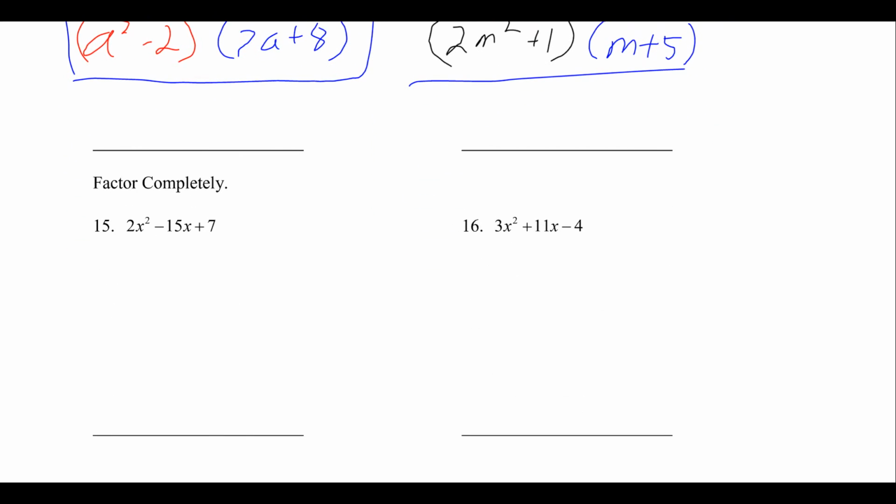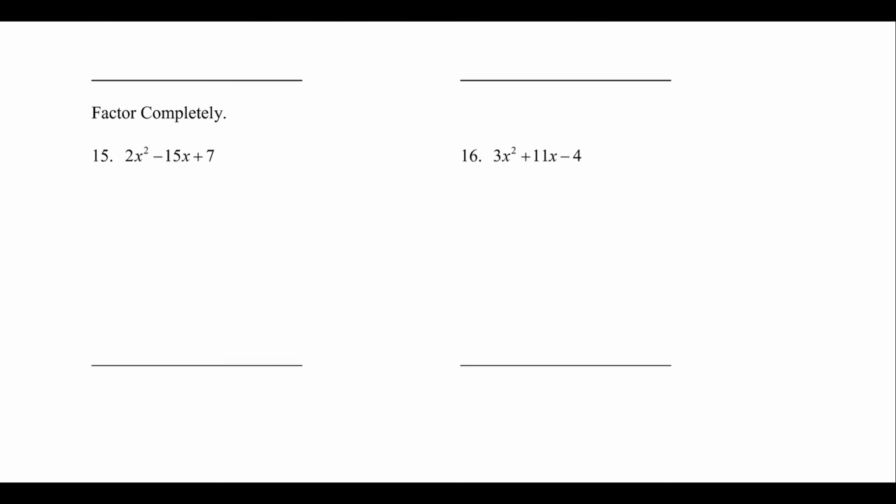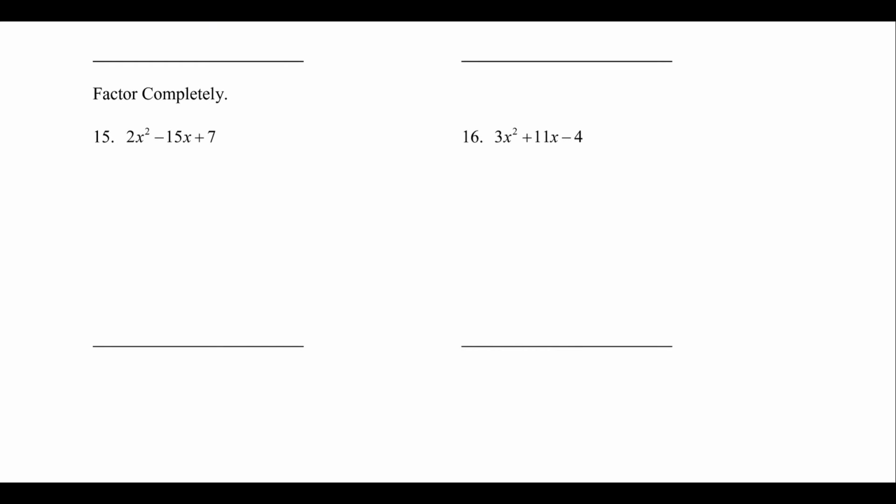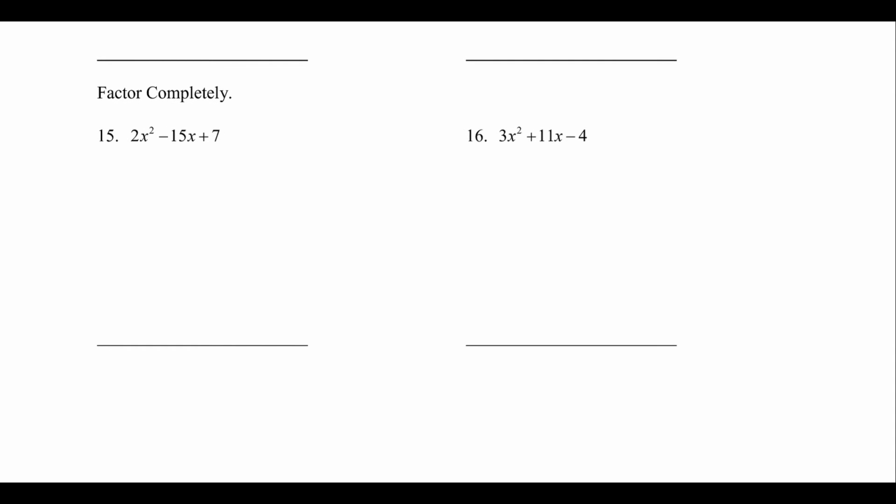Alright. Last questions. It says to factor completely. Numbers 15 and 16. Real simple, no big deal. We've got 2x squared minus 15x plus 7. So, again, we're going to multiply this first number by the last number. That's going to give me 14. That's going to be 1 and 14, 2 and 7.